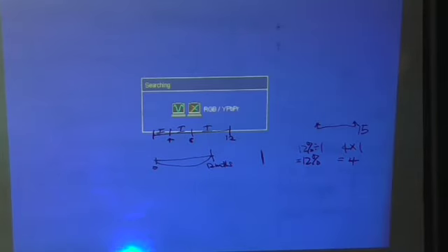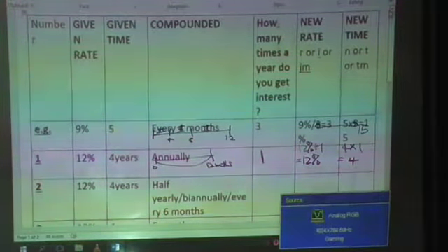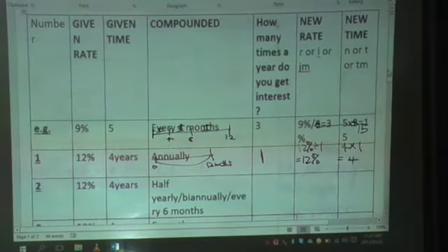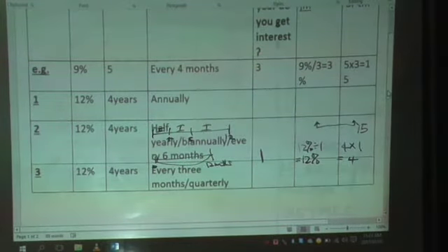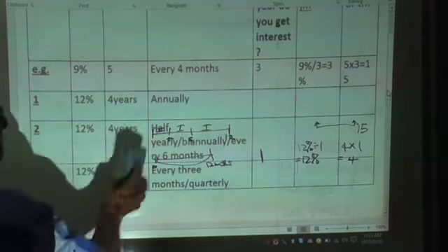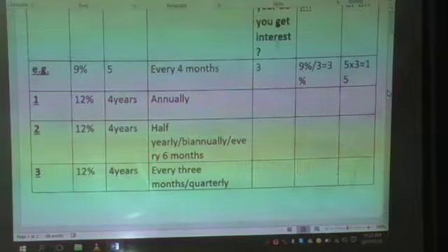Right, let's look at number 2. Have a look at number 2 and try to come up with the answers. Oh sorry, I have to remove the answers that were on the board. Now we're doing number 2.